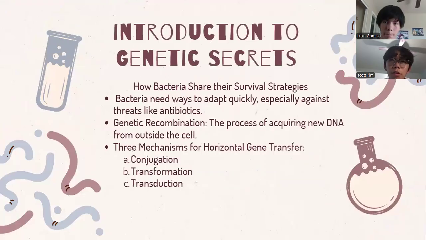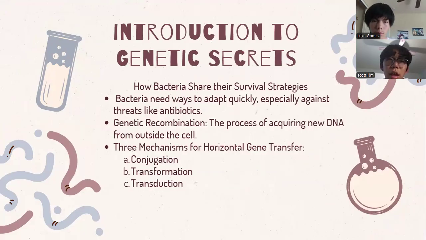Introducing genetic secrets: how do bacteria share their survival strategies? Bacteria need a way to adapt quickly, especially against threats like antibiotics. So they do genetic recombination, which gives bacteria new traits, like the ability to survive antibiotics or other harsh conditions.